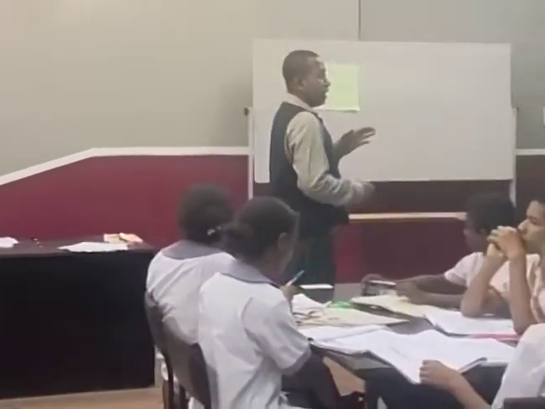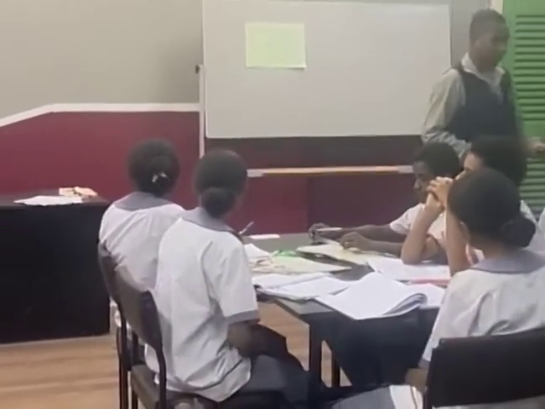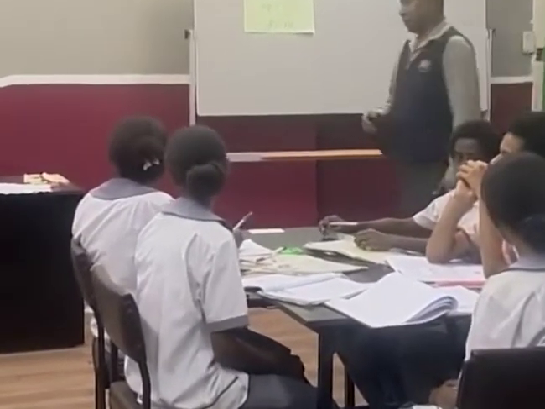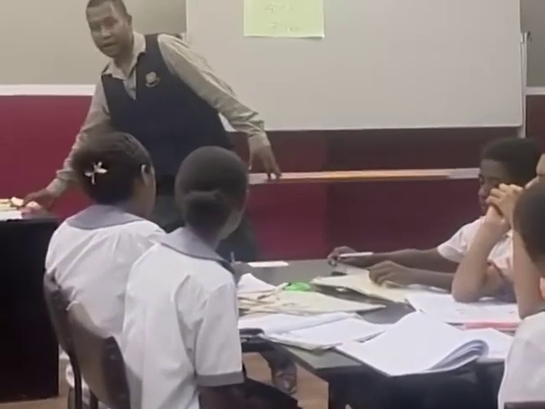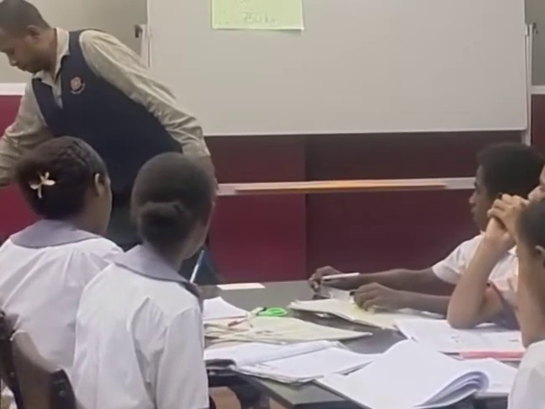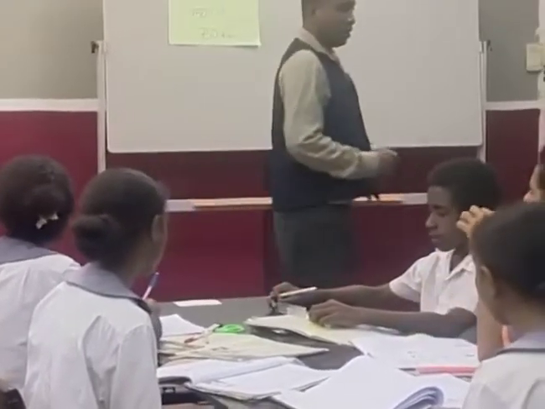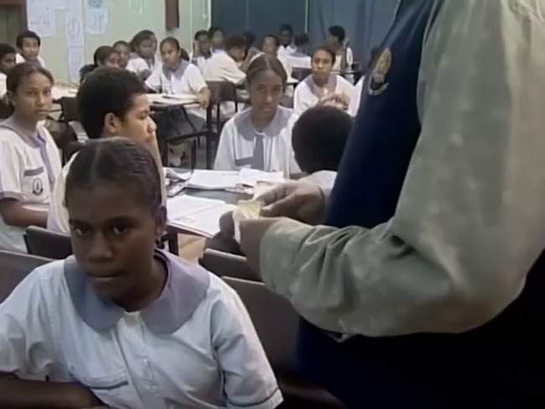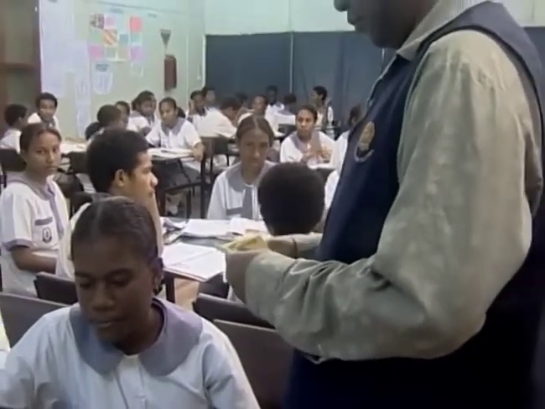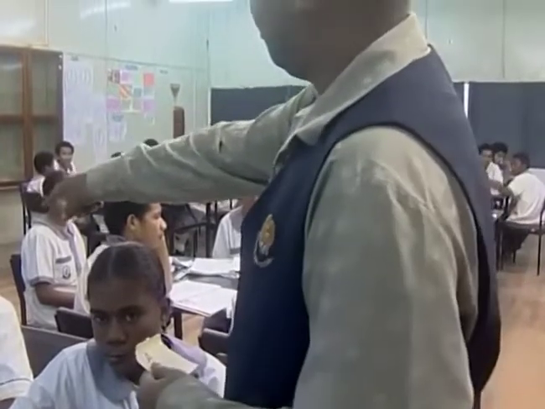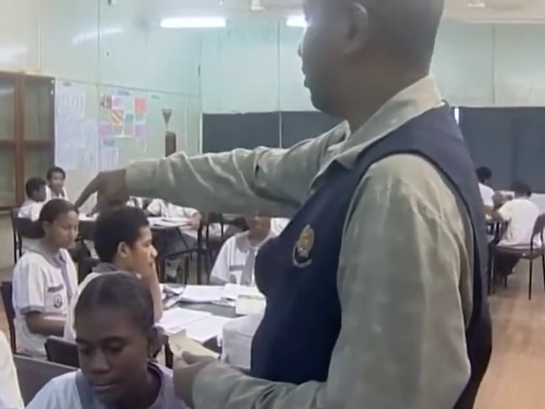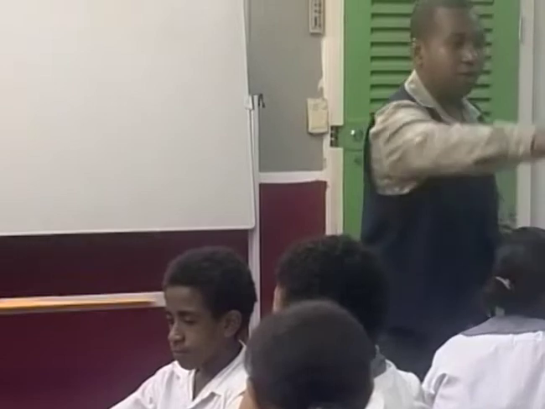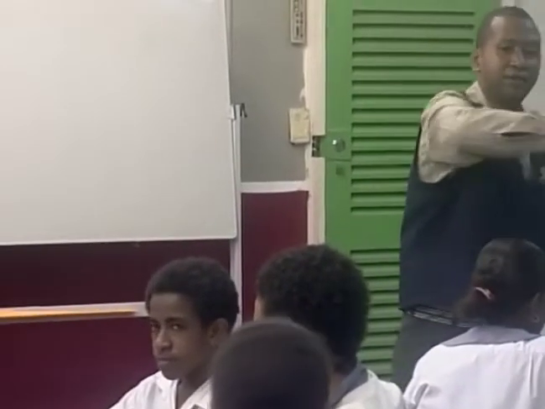Okay? Each student will have a number. For example, in group A, student number 1 is known as student A1. The second student will be known as A2, third student will be known as A3.